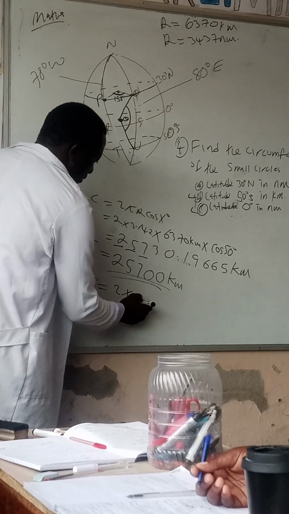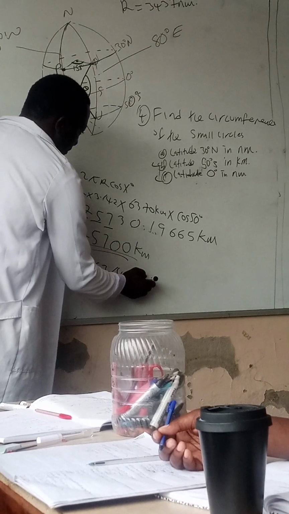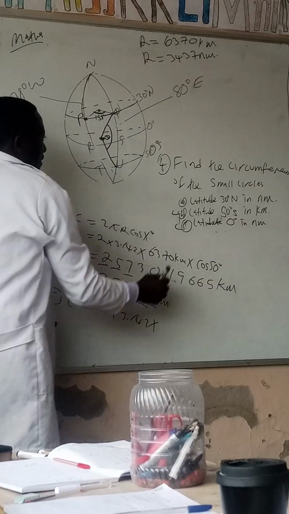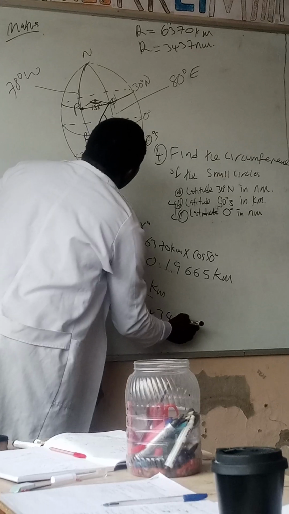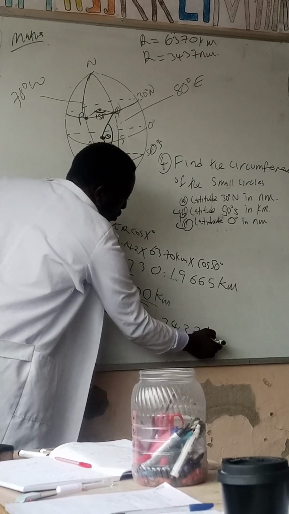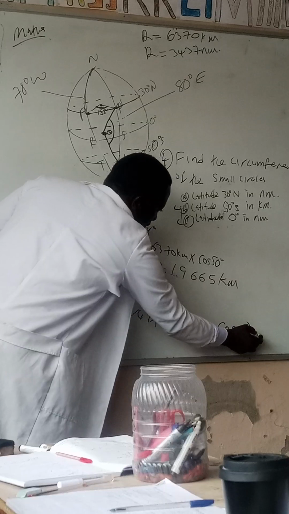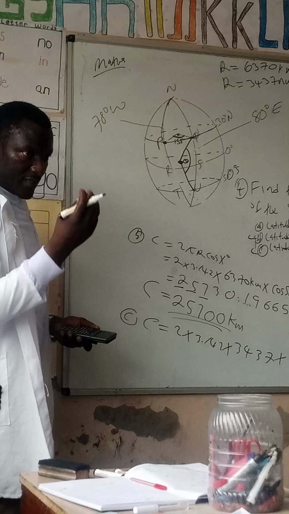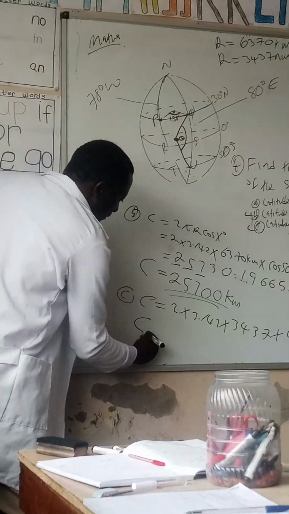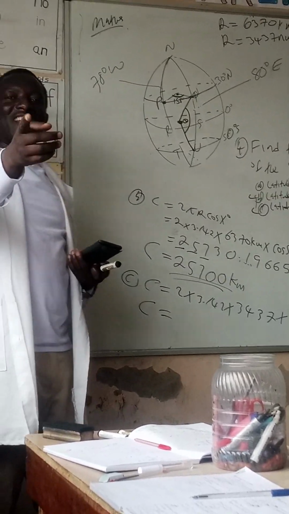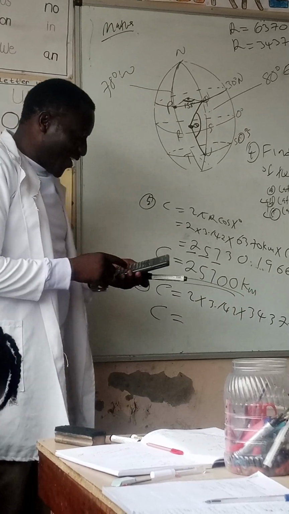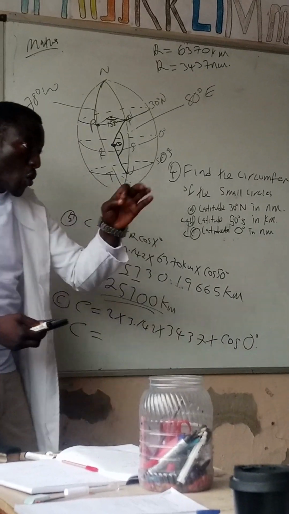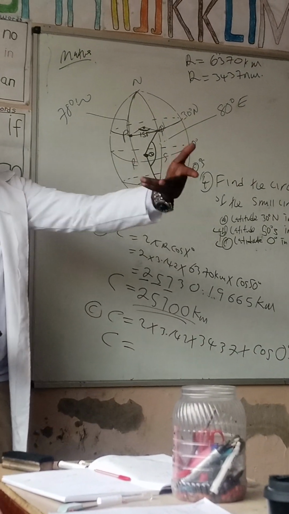2 times 3.142 times, they have said nautical miles. This is the radius. As you can see, cos 0 degrees. When you punch this, so guys, cos 0 is always 1. Cos 0 is always what? 1. It's a special angle.